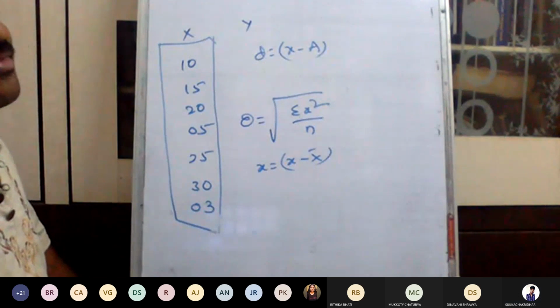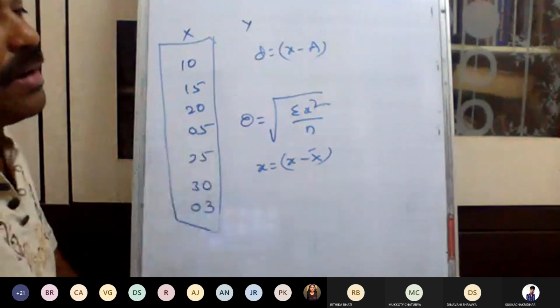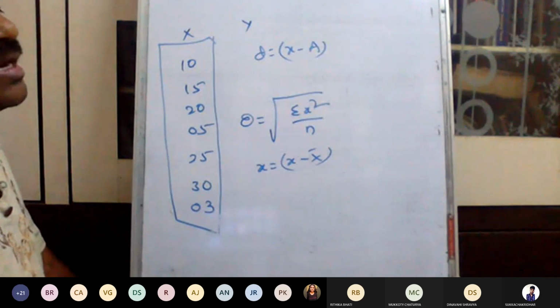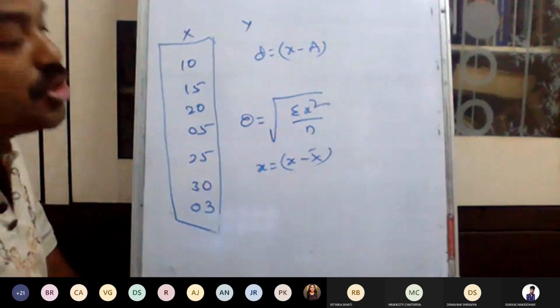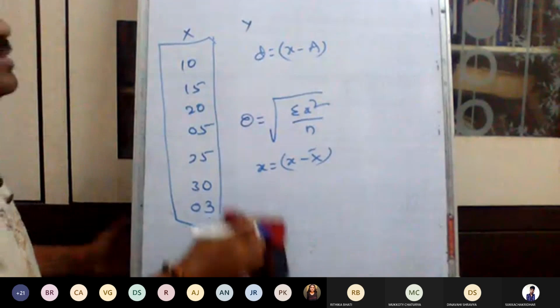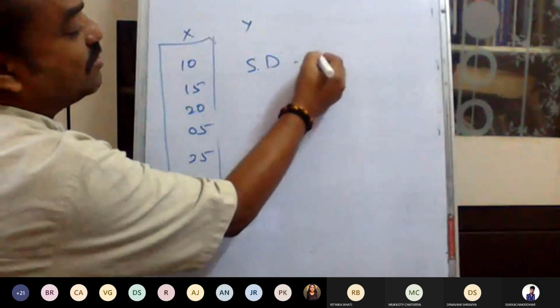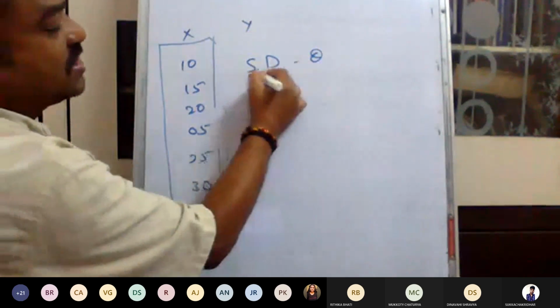Okay, this is the individual series. The deviation is taken from the arithmetic mean, and this is a popular, simple calculation. If it is mentioned as deviation, you have to calculate standard deviation from assumed mean. The symbol for standard deviation is sigma.